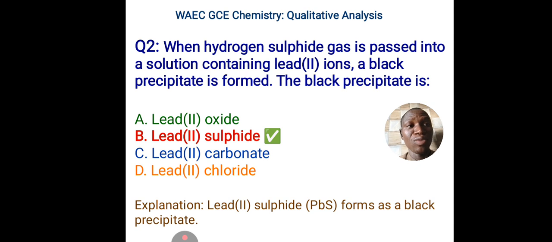What is the product? What do we expect? So you should expect us to have lead 2 sulfide because we have hydrogen sulfide and lead ions. So lead 2 sulfide will be produced, and likely hydrogen gas would be emitted. So I hope this is clear. Lead 2 sulfide is formed and it is in form of black precipitate.